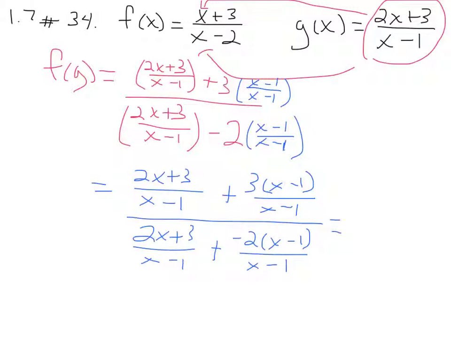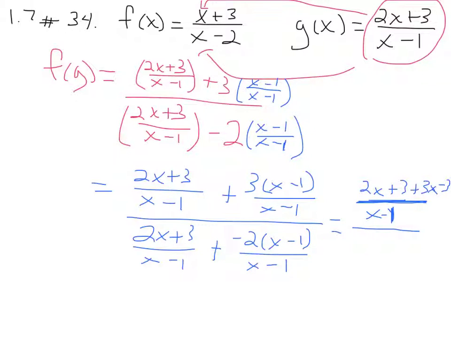Now we can combine these fractions. On the top, we're going to get an x minus 1 on the bottom of the top, and the remainder is 2x plus 3, and 3 times x is a plus 3x, and 3 times a minus 1 is a minus 3.